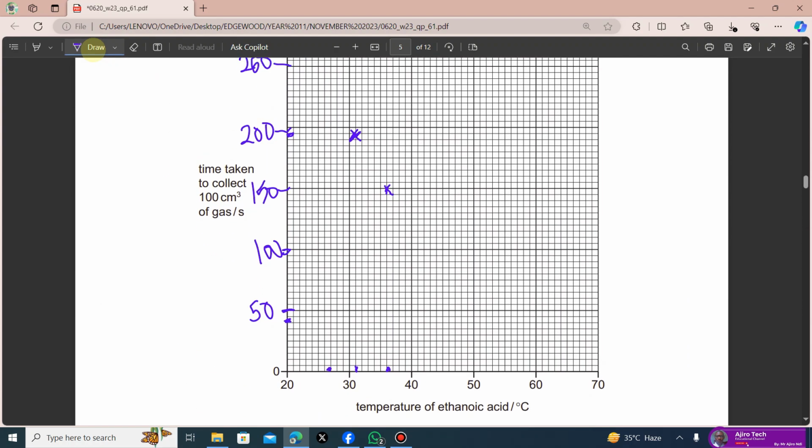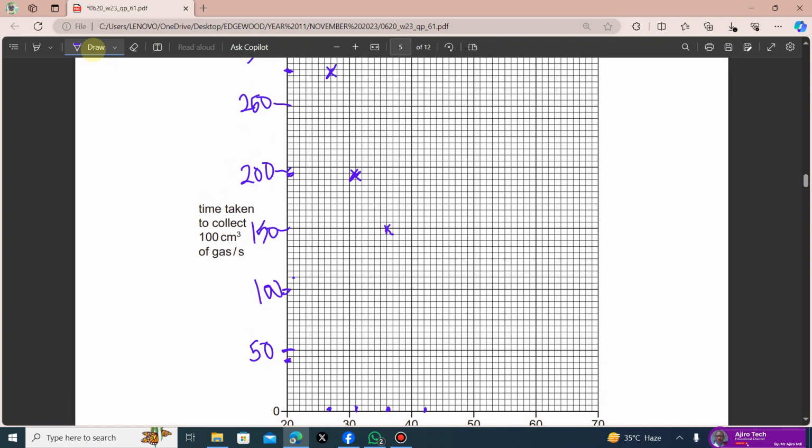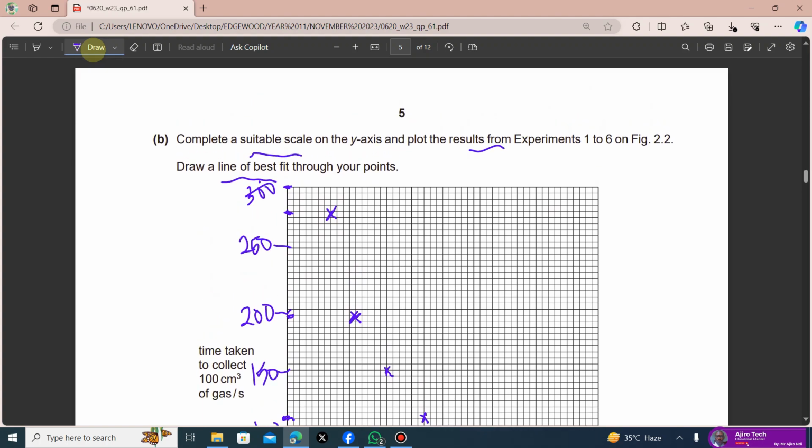So 42 is somewhere here, and this is 110. So we trace that, it's on the second line. Trying to see this clearly so that at least you can have something close to what we are supposed to have.